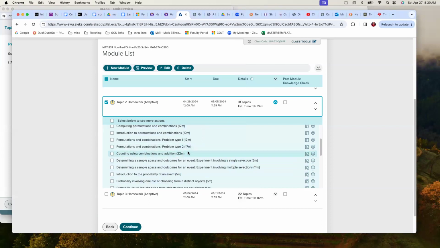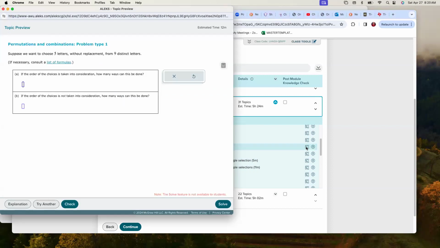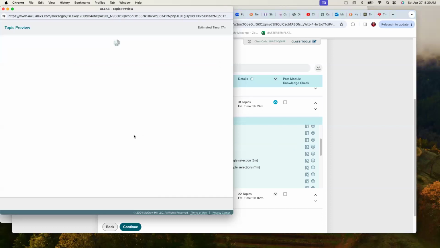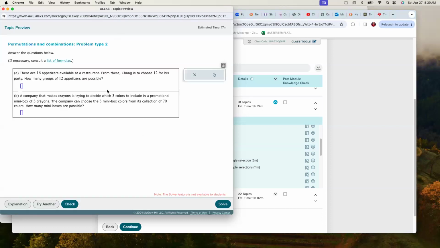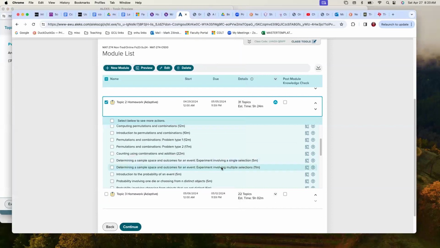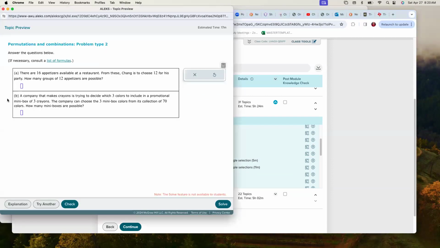Okay, so you're going to have some other questions like that here. Some might be a little bit more in terms of context, and they may switch around and give you different scenarios, but they're all going to boil down to something along the lines of, here there's 16 appetizers. From here you're choosing 12 for the party.